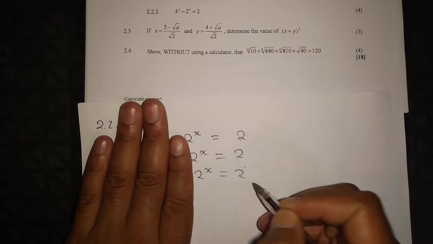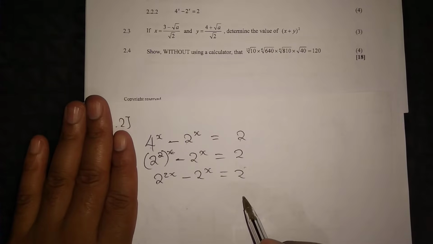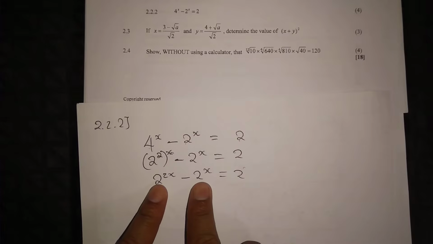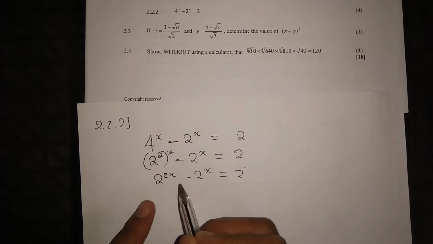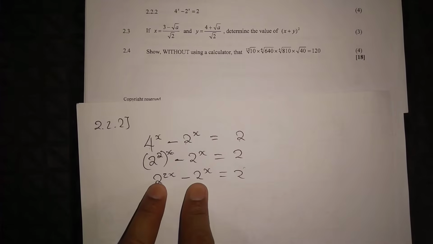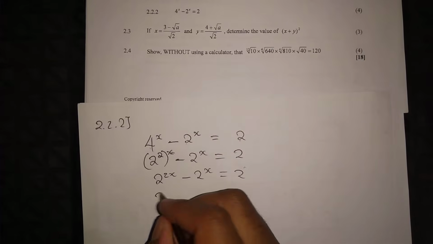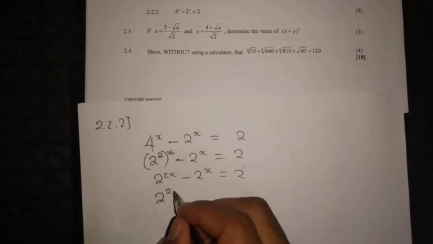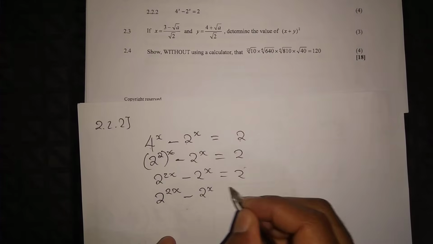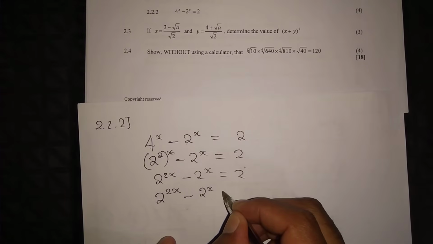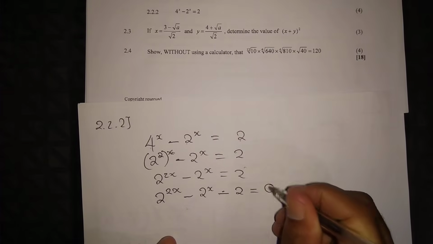But now there's a problem: we have powers with x, and one of the powers with x is 2. So in other words, it's 2 exponent 2x minus 2x is equal to 2, okay, transpose the 2, and we get minus 2.